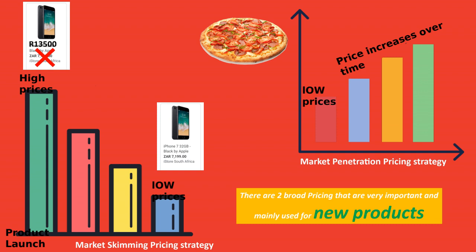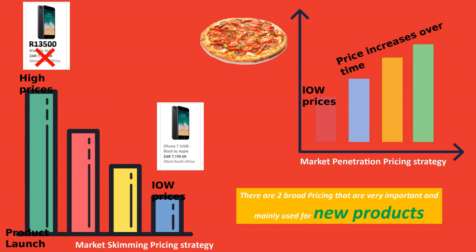They bring in a brand new iPhone, a brand new iPad, whatever it may be, and they set that product at a very, very high price. This skimming strategy is very relevant for technical products, new innovations, cars, technologies, anything that is very technical and very high value.